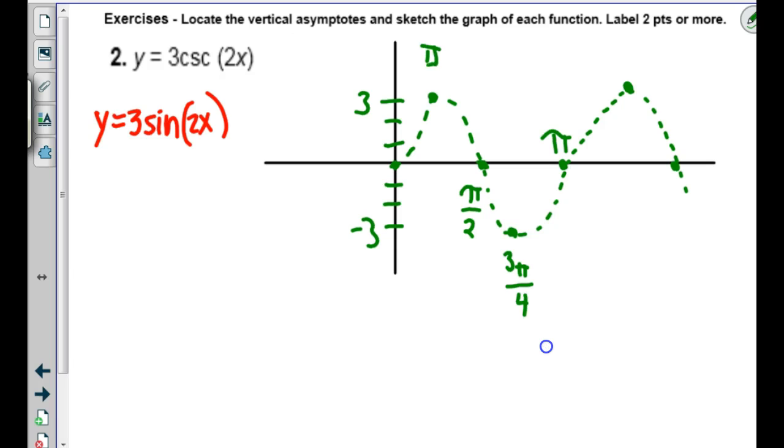Okay, now let's draw the secant, cosecant, I'm sorry. So take a different color maybe, and draw in the asymptotes. Yep, everywhere that it was a 0. Can you label that x equals 0 at the bottom or the top? I don't care. And there's another asymptote at, yep.